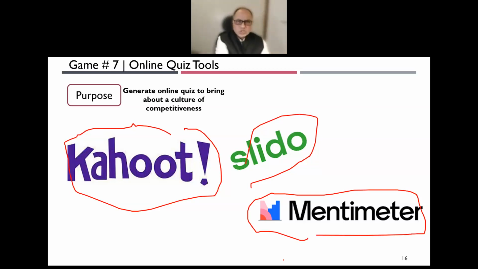Even though offices have resumed, these tools are not going to go out of our life. Try to have these gamification exercises, try to have quizzes around them using these tools. They are very powerful tools. Most of the free versions have very great functionality, and they will help you drive home the concept in a proper way, right?